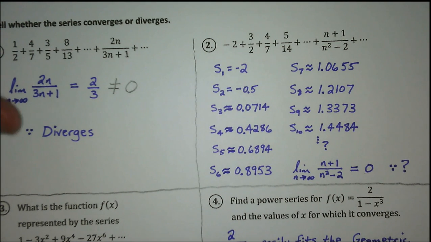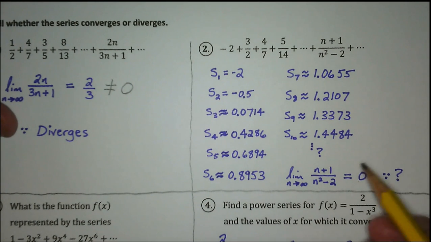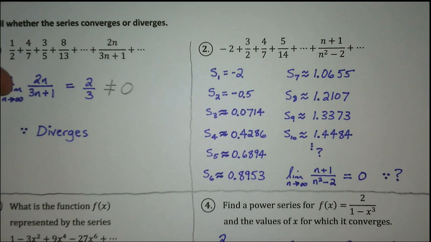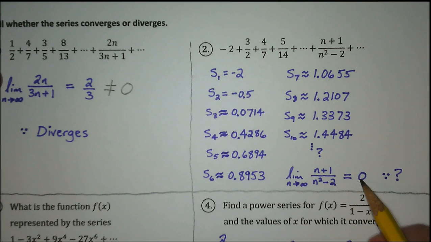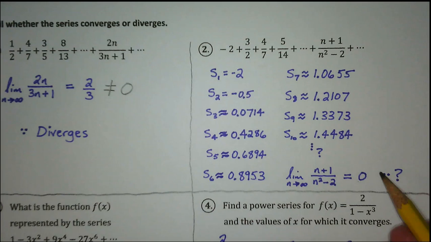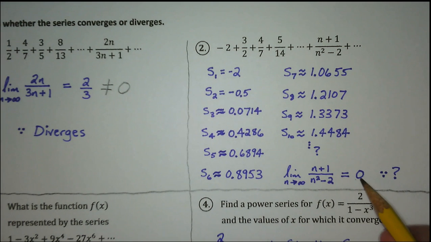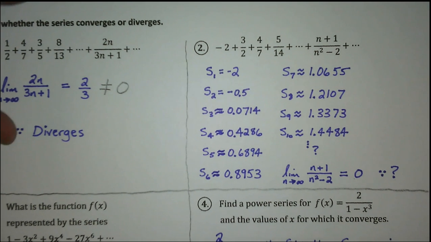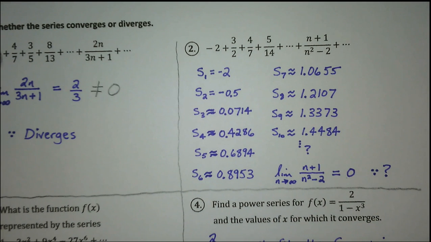I know this seems hard to believe, and it seems really weird, but if the separate individual terms are limiting to 0, that doesn't necessarily mean anything. Just because this limit actually equals 0 and we're getting closer and closer to adding 0, that doesn't necessarily mean that the infinite series, the sum, converges.